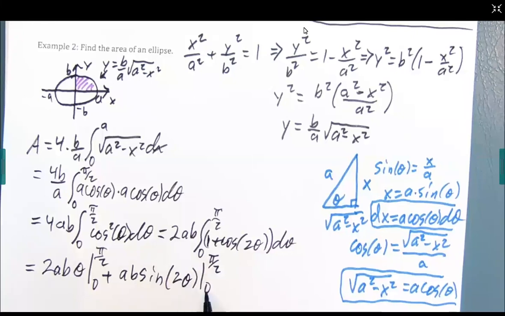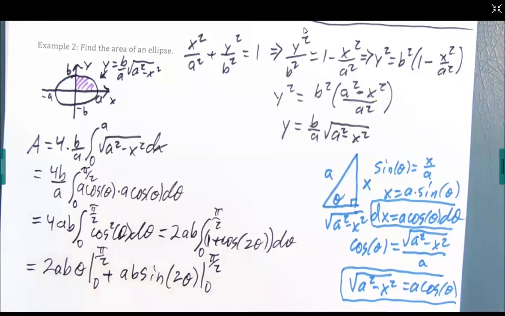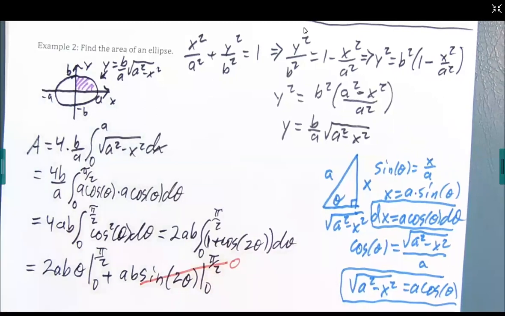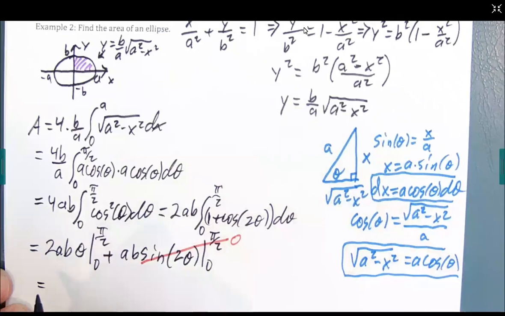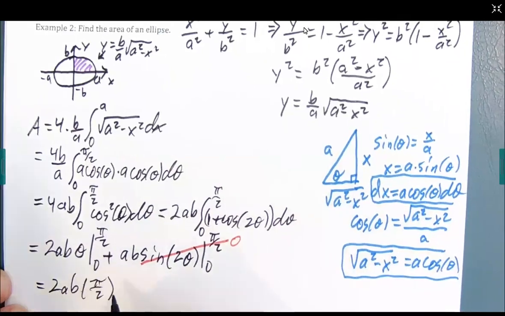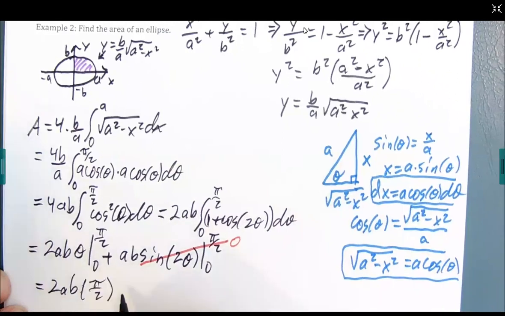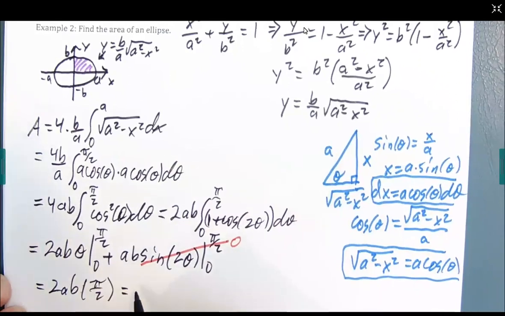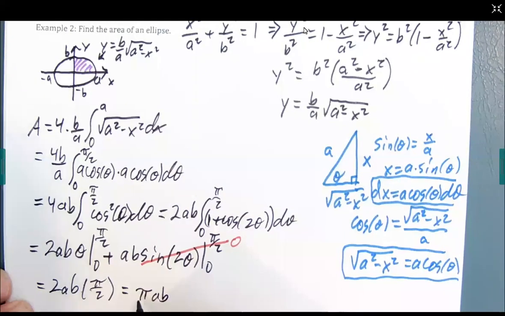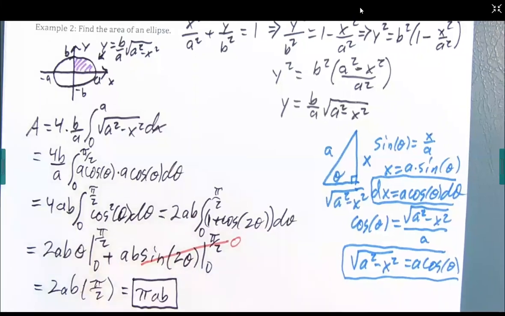And when I plug in 0 here, sine of 0 is also 0. So this whole piece right here goes to 0. And this down here becomes 2ab times pi over 2 minus 0, right? When I plug that in. So this whole thing is just pi ab, which is cool. That means that the area of any ellipse that is centered at the origin is going to have an area of pi times a times b. Kind of cool.